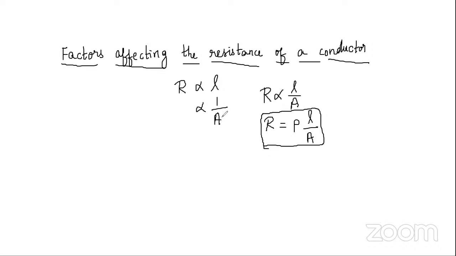When I remove this proportionality, I put an equal to sign, and after that I put a constant here, that is rho. What is the meaning of this rho? Can anyone tell me? Resistivity. So resistivity for the conductor. Yeah, you are right, resistivity.